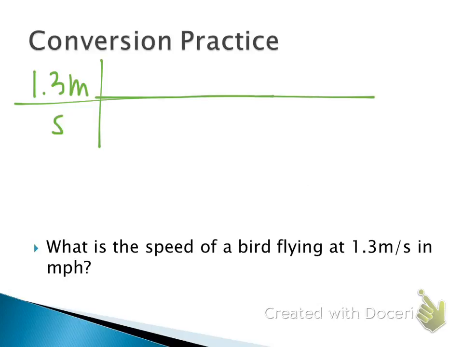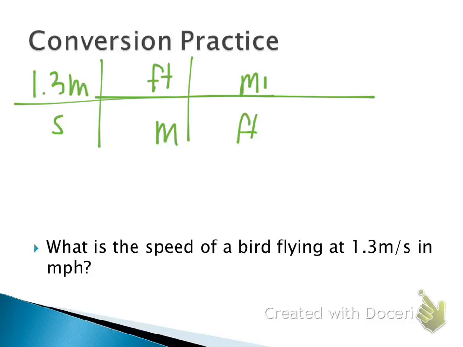So in this one T-chart, I need to do 2 different conversions. I need to convert from meters to miles, and I need to convert from seconds to hours. So let's go meters to miles first. Meters to feet, feet to miles.